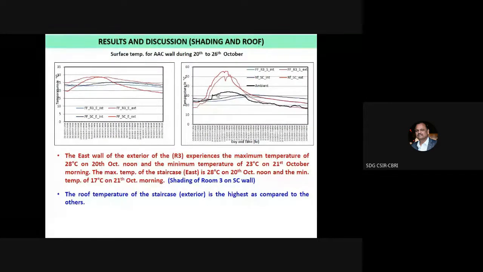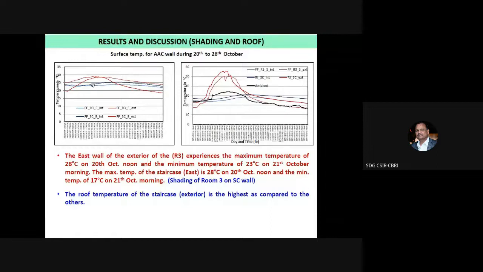Shading also plays a major role here. With respect to our building, on the first floor, this particular orientation has a shading factor that plays an important role. If you see the east side at room 3, the temperature is there, whereas the sensors we have put on the south side are near the other side, the staircase side.